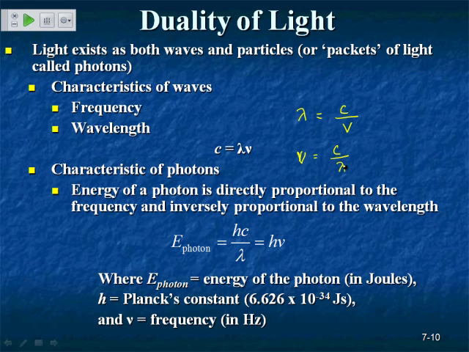So, the lower the wavelength, the higher the energy is. Okay? Energy is directly proportional to the frequency. The higher the frequency, the higher the energy. But frequency and wavelength are inversely proportional. So, the lower the wavelength, the higher the energy. So, get those relationships first before we analyze.